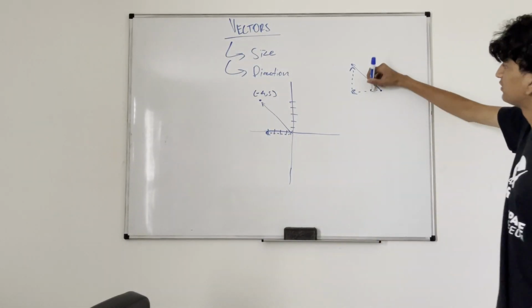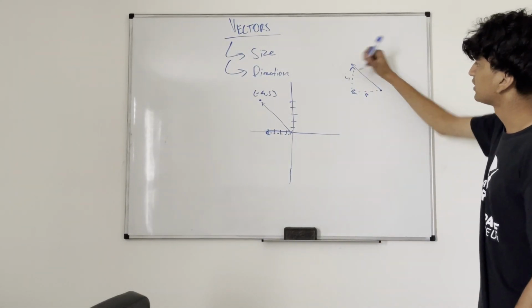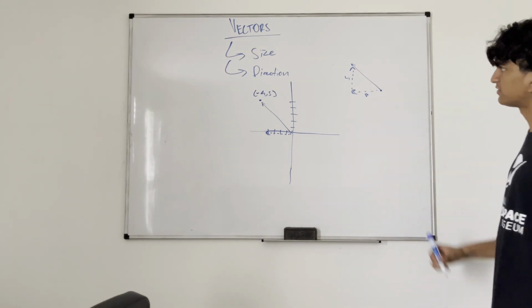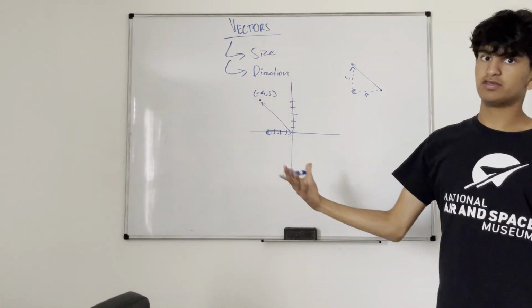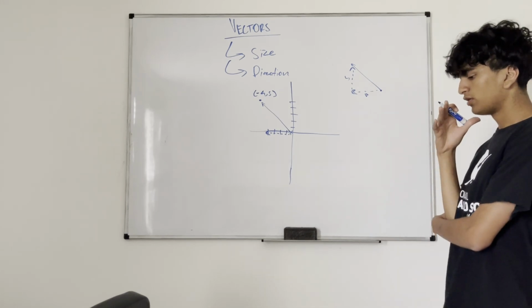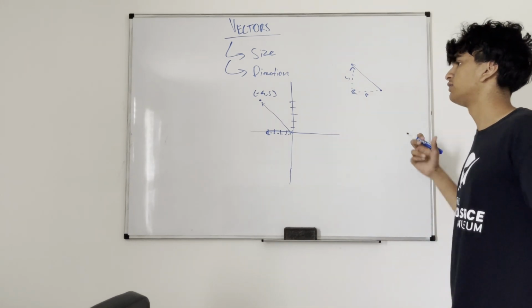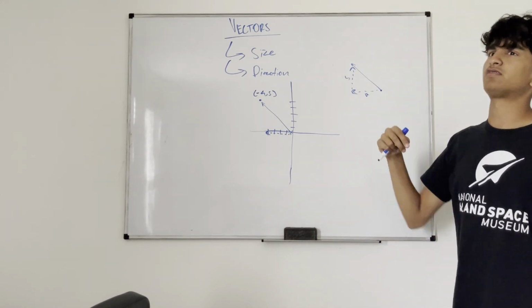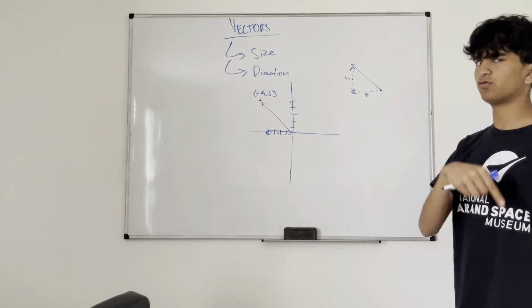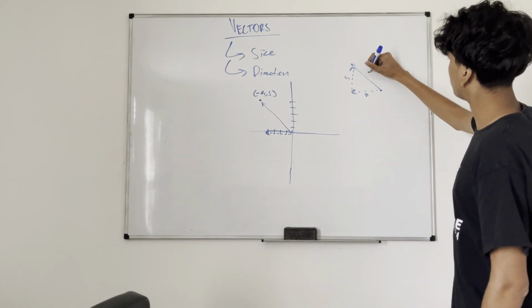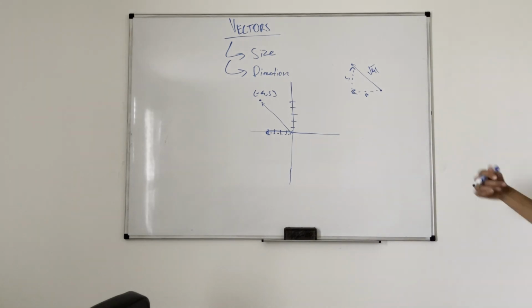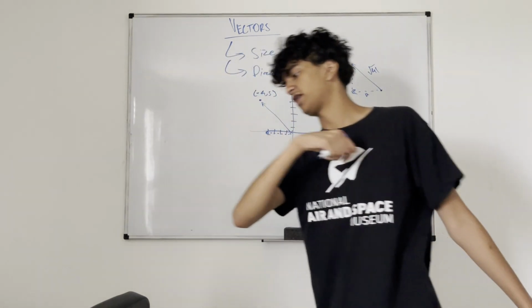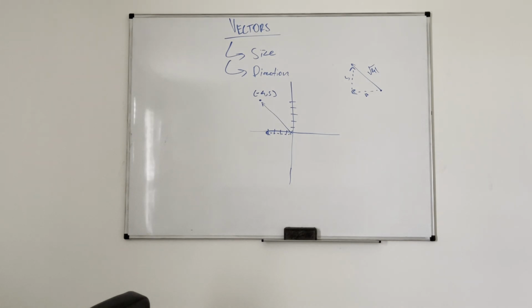Now with 4 meters and 5, in order to solve for your distance, you're just finding the length of that vector. You're just going to do a squared plus b squared equals c squared. So 4 squared, 16, plus 25. 16 plus 25 is, I think, 41. So it should be root 41. Apologies if I got that math wrong. I don't usually do it in my head. I usually use a calculator, which I don't have right now. But that's really how you find the distance.